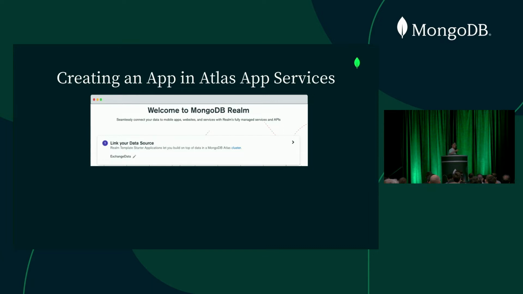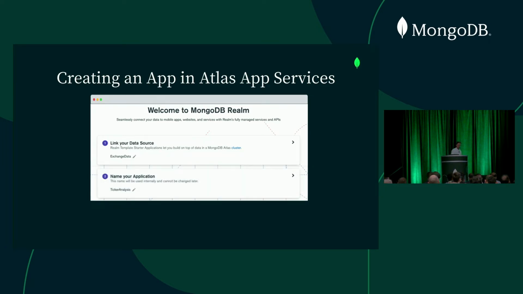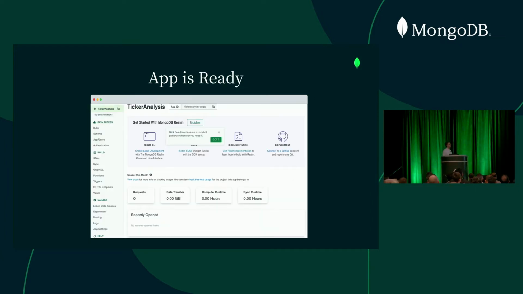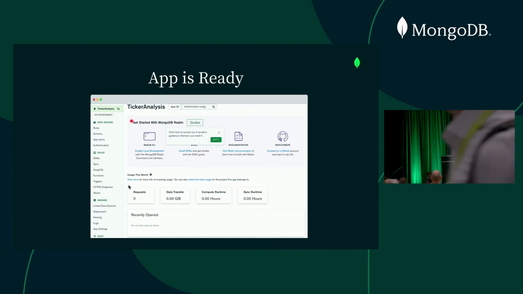So you have a backend serverless application, and you can utilize existing data sources available in MongoDB Atlas. You give it a name. Our application name is ticker analysis, and you can choose a deployment model. It could be deployed globally or locally. And our application is going to be ready immediately, and there are many features you can use for this application.